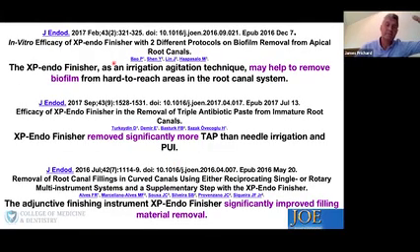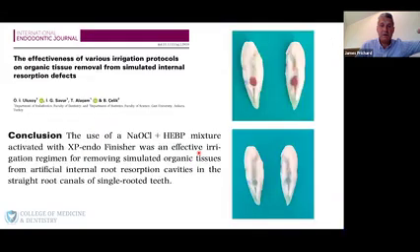So looking at some of the published papers in the JOE, there is also the potential ability for using this instrument in retreatment. The retreatment version of this instrument has a size 30 tip rather than a size 25 tip, which gives it more stiffness, but it's there potentially to help us in retreatments as well.